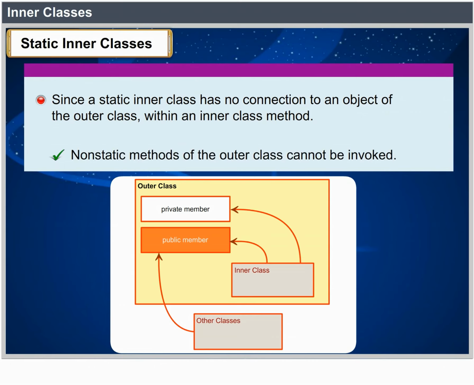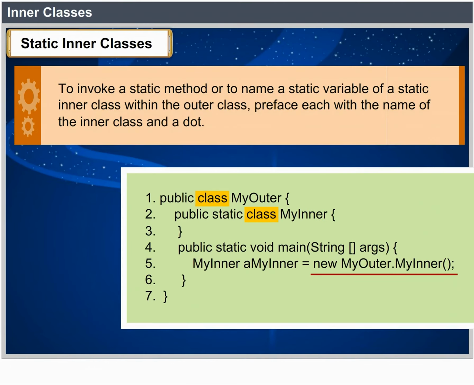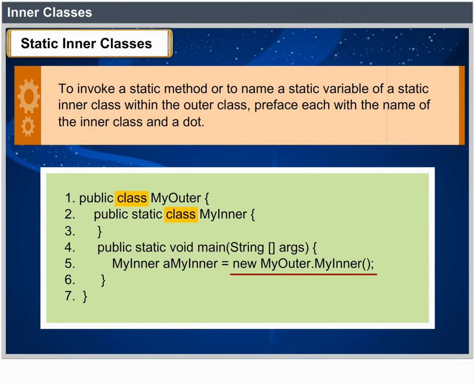Non-static methods of the outer class cannot be invoked. To invoke a static method or to name a static variable of a static inner class within the outer class, preface each with the name of the inner class and a dot.